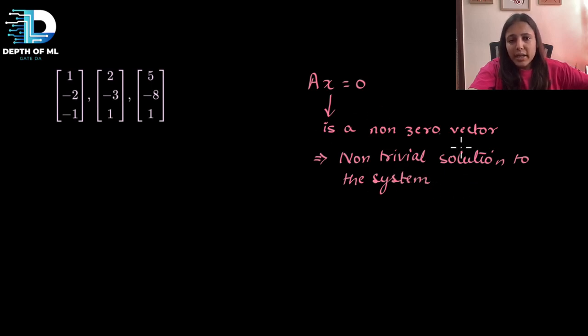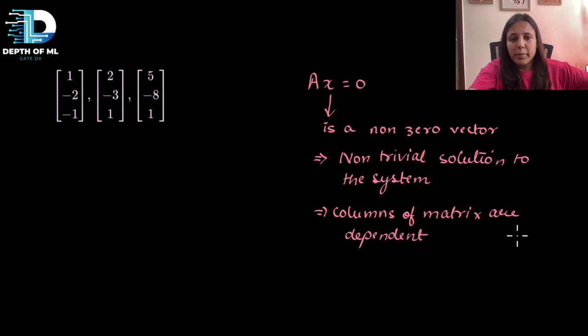What it essentially means is that the columns of matrix A are linearly dependent.